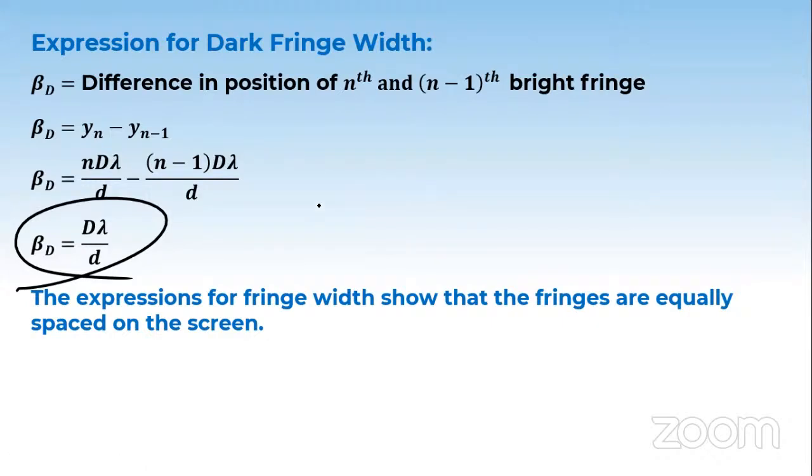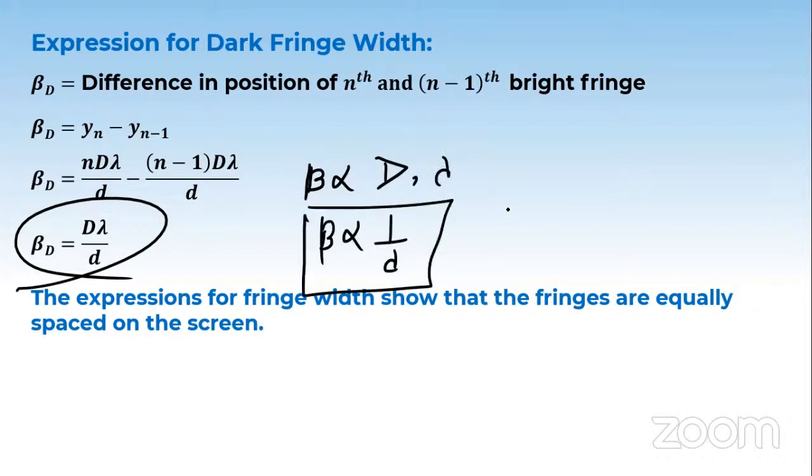If they ask what the fringe width proportionality is, you say fringe width is proportional to the distance of the screen from the sources and also the wavelength of light, but inversely proportional to the distance between the slits.